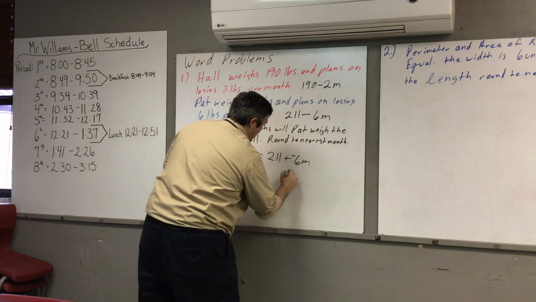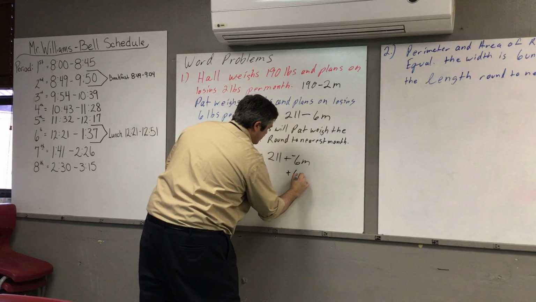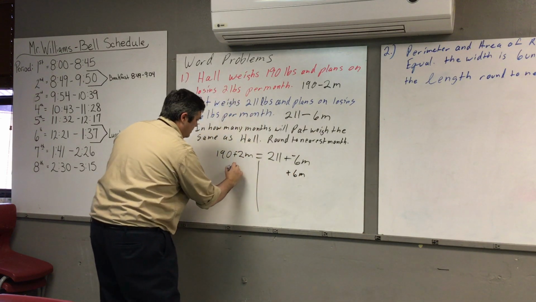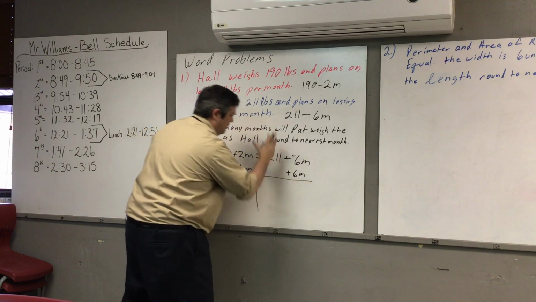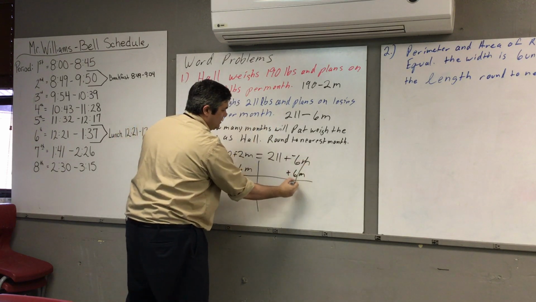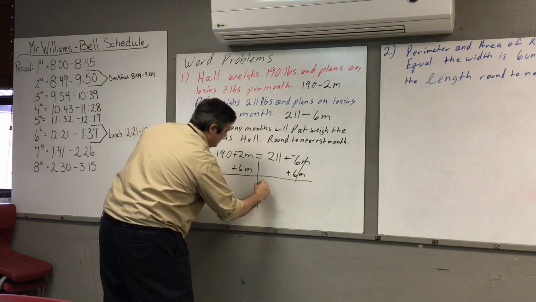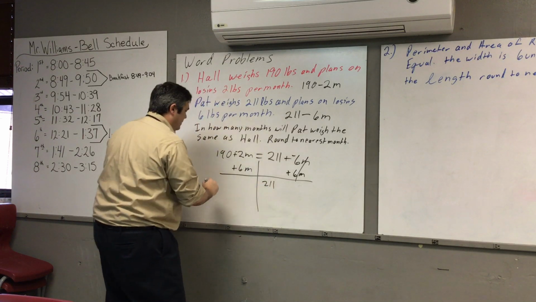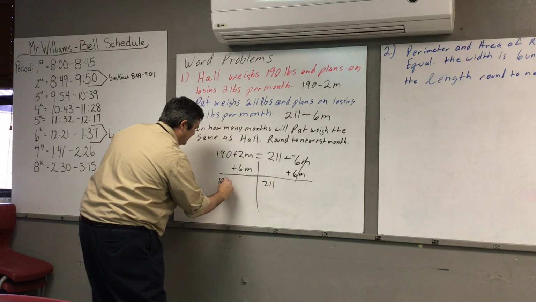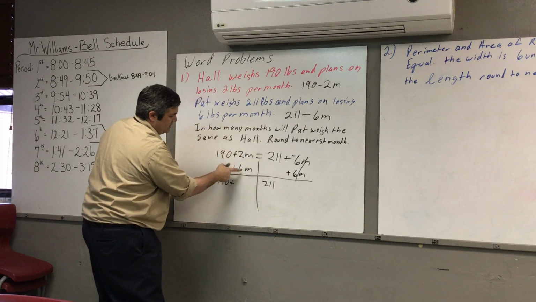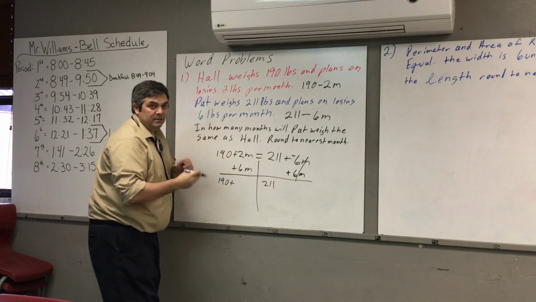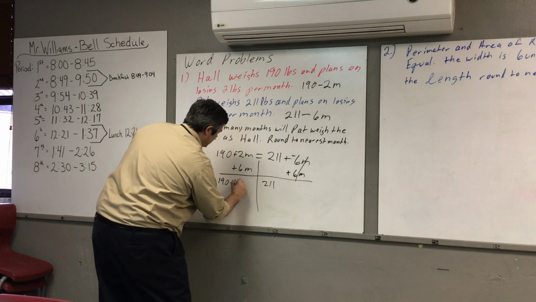So add its inverse, plus 6M, plus 6M, and then I'm going to bring down everything. These two things cancel out. I bring down 190 plus a negative plus a positive. You subtract, keep the sign of the bigger number. Plus 4M.